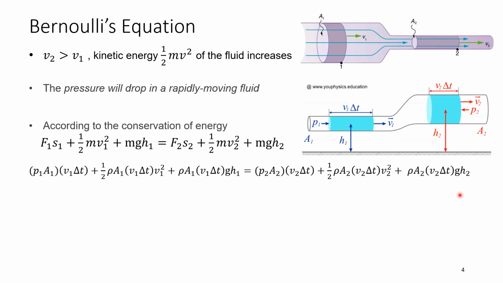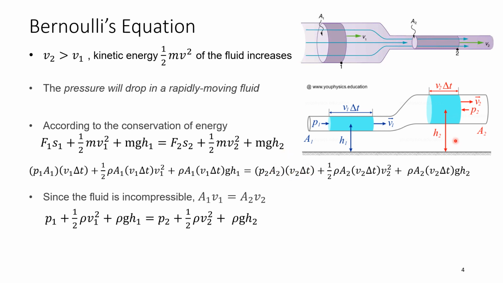Since the fluid is incompressible, we have A1 V1 equals A2 V2. Or we can say that we are considering the same volume of fluid, so that A1 V1 delta t, the volume, equals A2 V2 delta t.